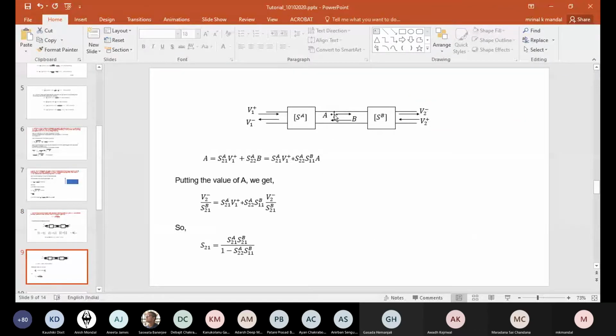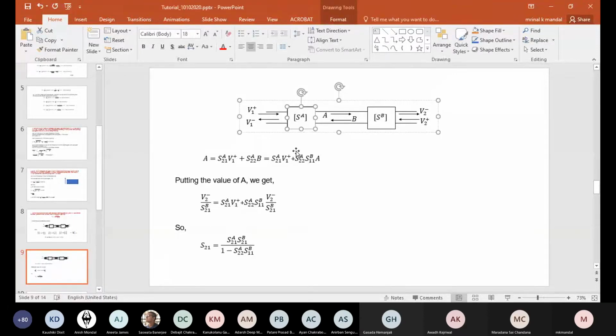Next, A. What about A with respect to the incident wave V1 plus? If I look here at the first network, then a part of V1 plus is coming as the output wave, and we don't have any reflection from the input side because it is match terminated.